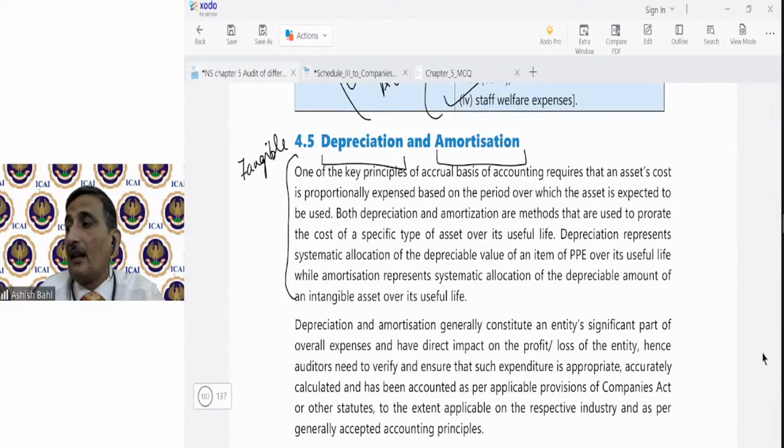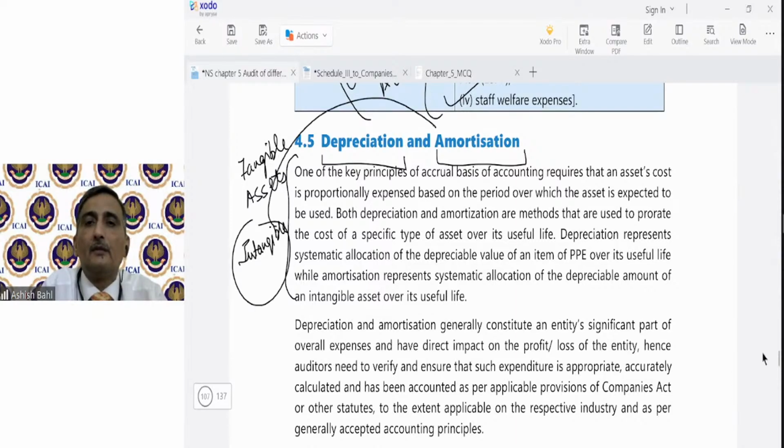And Harish Chandar, Srinivasan, Darshana, Priyanka Pandey, Mohammed, Prajakta, all of you are writing correctly. Depreciation is used for tangible assets, and for intangible assets, the term amortization is used.